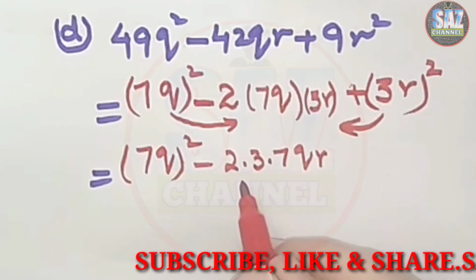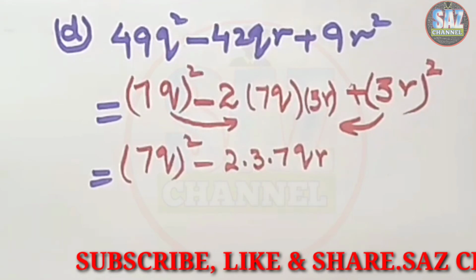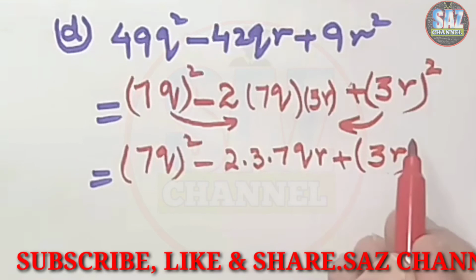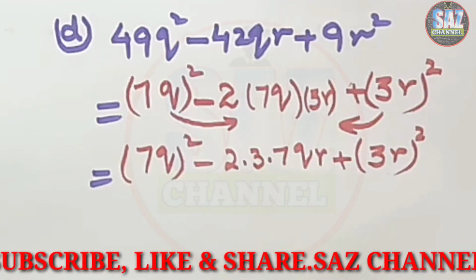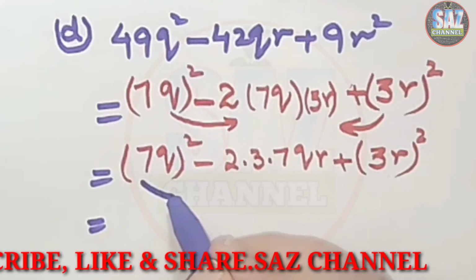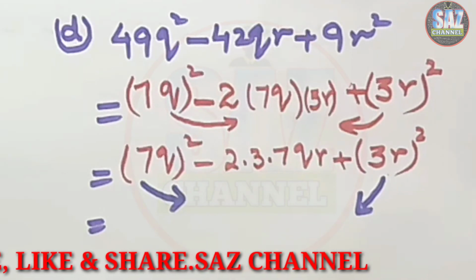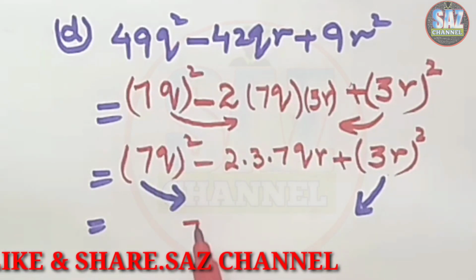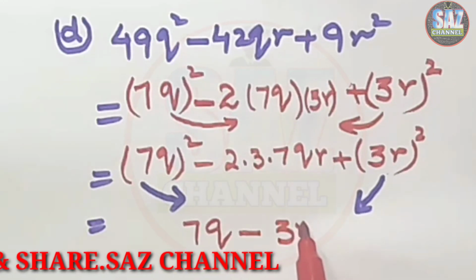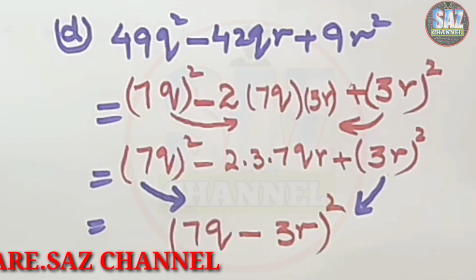I do not have to multiply this back, but mentally I have to see whether I can get this 42 back or not, plus 3r whole square. Now finally, we have to write it in the form of the identity. So I'll be taking a from this part and b from this part, and my expression will take the form 7q, and this sign will be coming as it is, minus 3r whole square. I hope you have understood today's lesson.